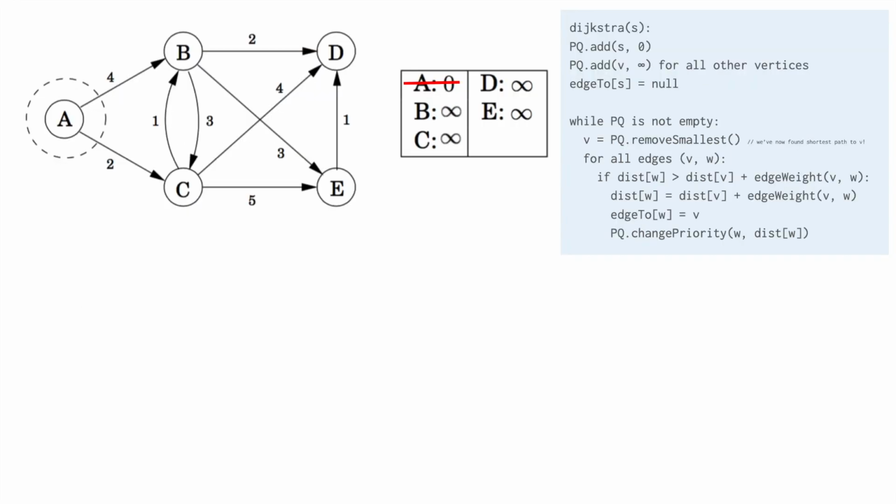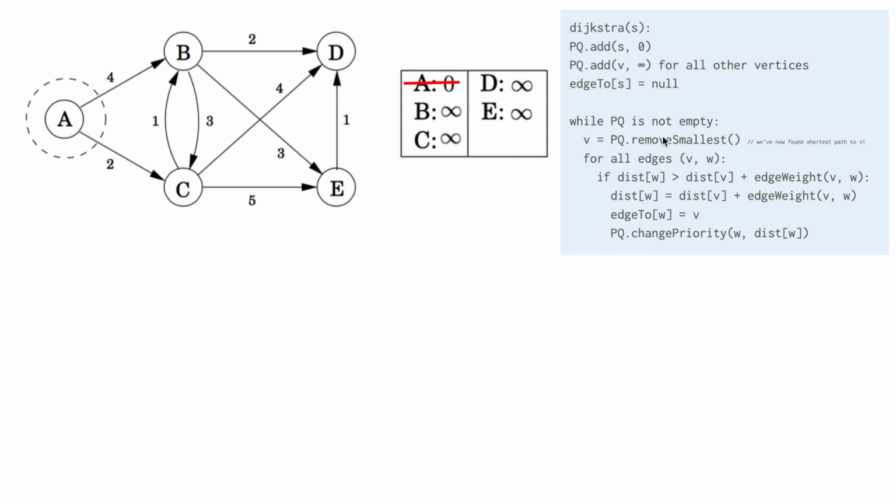Okay, so now I have a demo of Dijkstra's. We're starting from vertex A. So per the pseudocode, I set the distance of A to 0, because that's our start node, and the distance of all other nodes will be infinity, right? And now I go through my while loop and I remove the smallest node.